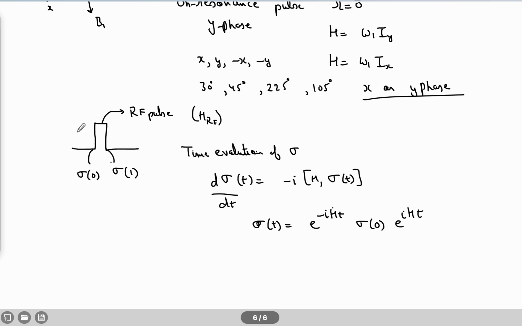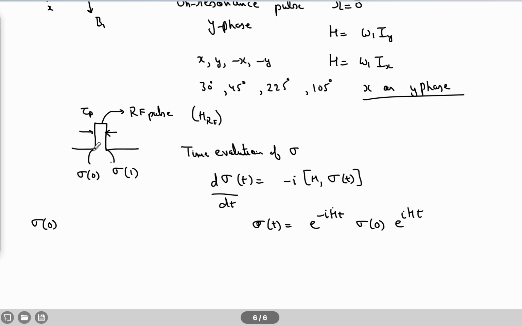Time is the duration for which this perturbation is applied, the RF perturbation. So this will be tau p in this case, if the pulse is applied for, let's say, tau p duration. Then sigma t is nothing but sigma 1 at the end of the pulse, right? So that's how you can calculate the evolution of the density operator if the perturbation is known. So in this case, the perturbation is RF. So here, for example, we know what sigma 0 is.